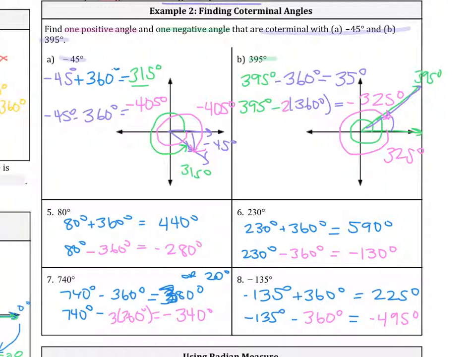And then you could get negative 340. And number 8, you can get 225 and negative 495. Now you could get other multiples of that as well, depending on how much you add or subtract.